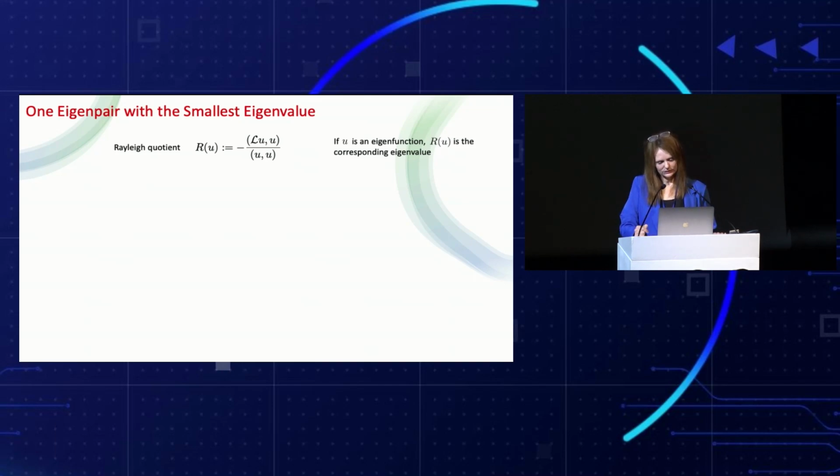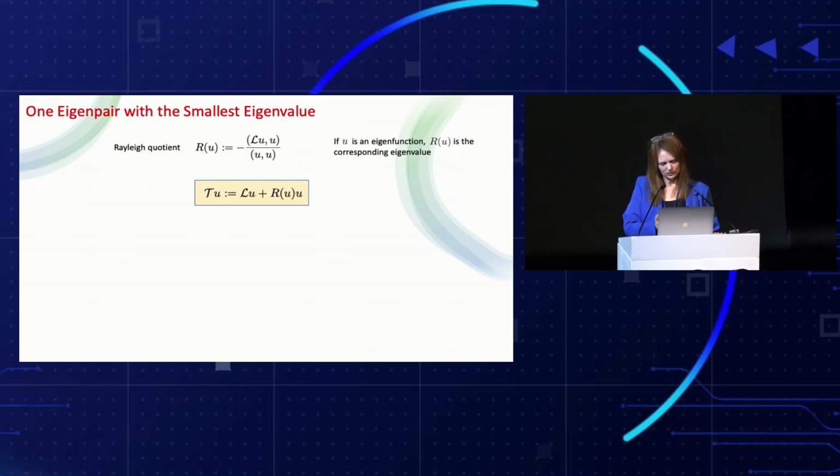For that, we use what is called the Rayleigh quotient. This is the quotient between the inner product of Lu and u divided by the magnitude of u. And the property of the Rayleigh quotient is that if u is an eigenfunction, R of u is the corresponding eigenvalue.